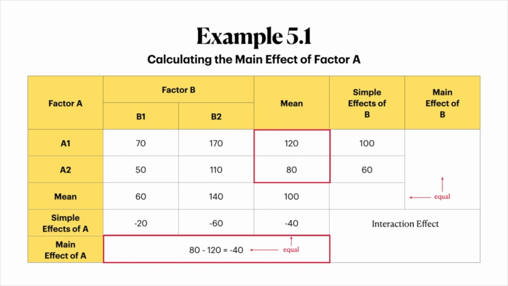And we're going to put the difference here in the bottom row that is labeled the main effect of A. Now, when we do that, we see we get negative 40. And so you can see the two values, negative 40, calculated both ways. And so we have two ways for calculating the main effect of A.